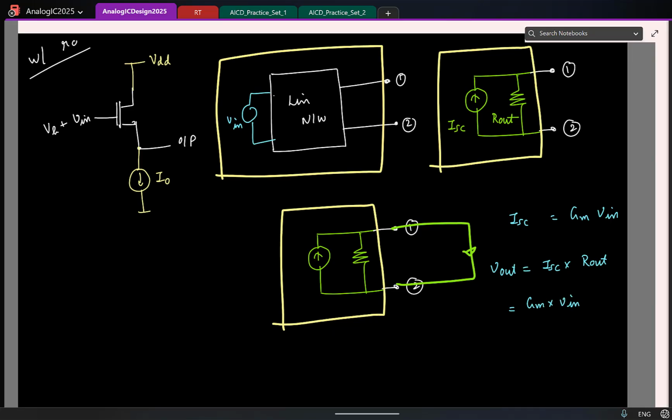That's what I'm writing: this times Rout. So my gain I can compute as Gm times Rout. And remember, to find this Gm, what I'm doing is the following: I'm shorting my output, measuring the current, and dividing it by the input voltage. That's all. So this is typically called the short circuit transconductance.